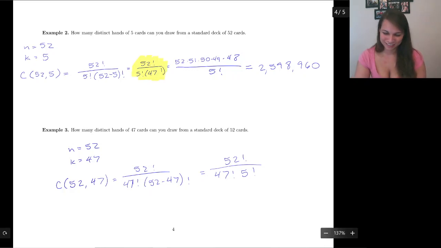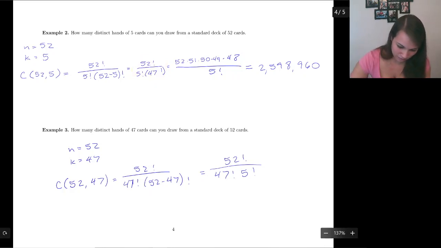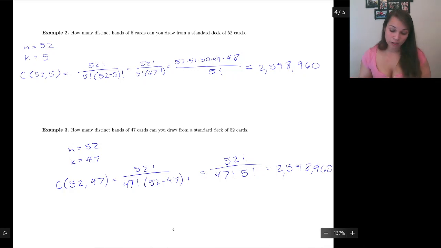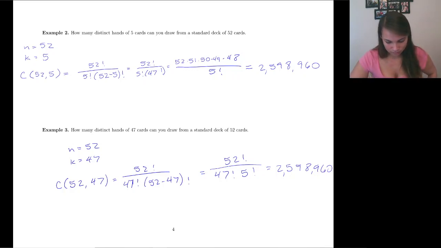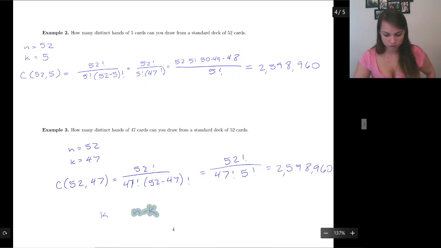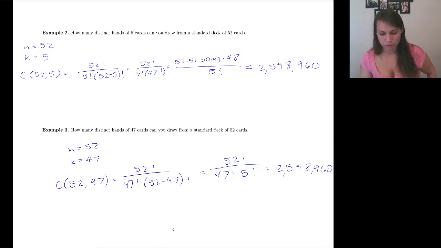Does that look familiar? Fun fact, that is not a coincidence. And you're going to prove that it holds in general. If you're doing a combination, k and n minus k give you the same result, because you have both of those factorials sitting there in the denominator. It's a little bit of algebra pushing around, nothing too intense. But yeah, that's a really cool fact.